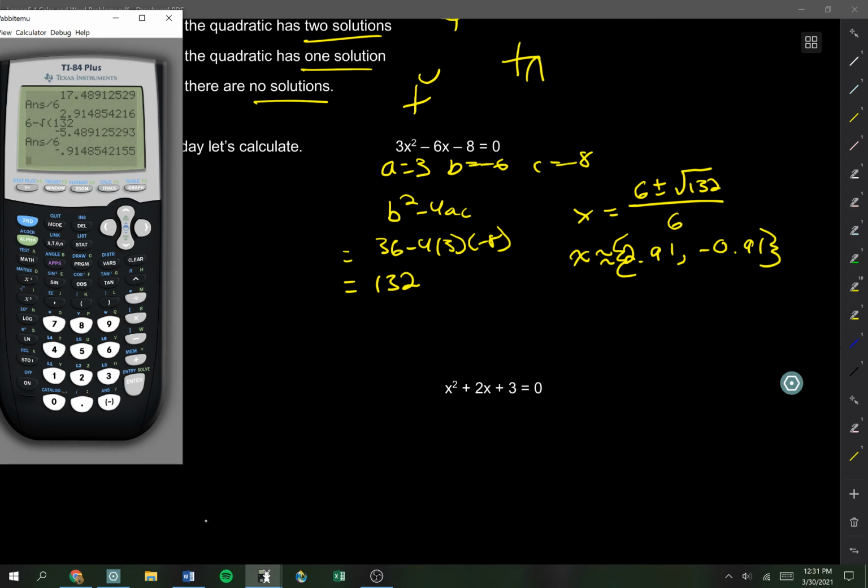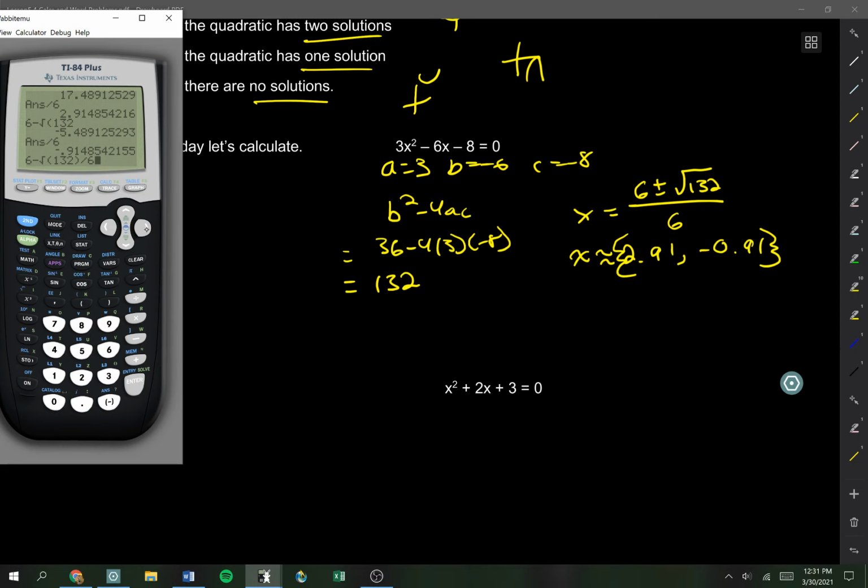The order in which you calculate this is really important. Suppose I did this: 6 minus the square root of 132 divided by 6. Well, this isn't going to work for two reasons. One of them is, in my calculator, this square root has to be closed. It has to have a parenthesis to close off and just mean I'm just square rooting 132. But if I press enter right now, the calculator is going to do things in this order.